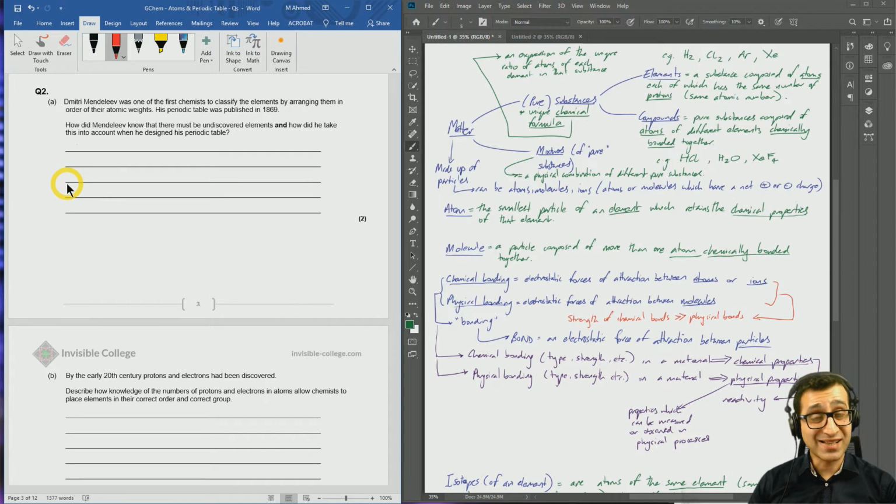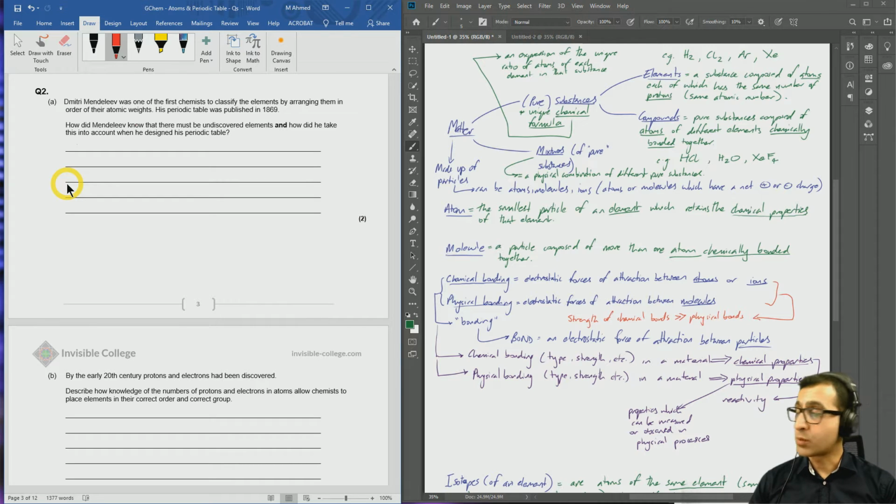Not necessarily the answers as they appear in the mark scheme, but the most clear answers from the most able students. So always pay attention to the number of marks. Give yourself 1 minute per mark on average, and then pay attention to the number of lines being given to you for your answer, because these are all important clues as to how to structure your answer and the level of detail required.